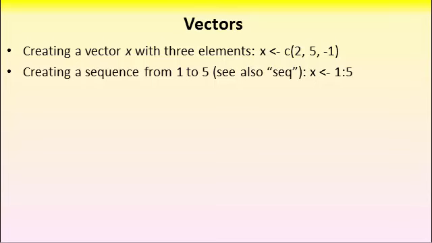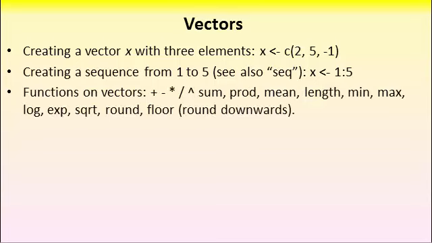Once we have created a vector, we can use a bunch of built-in functions in R. We have the plus, minus, multiplication, and division. After the division, you see the caret, which is used for raising to a power. Then a bunch of functions which are almost self-explanatory.